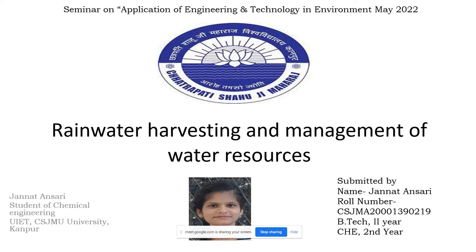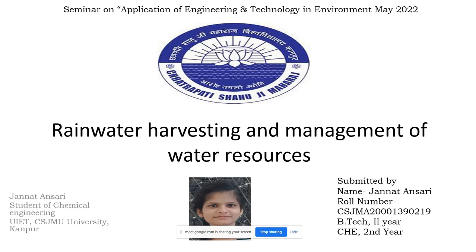Good morning, everyone. My name is Jannat Ansari, and I am a student of chemical engineering. Now I am going to give a presentation on the topic of rainwater harvesting and management of water resources. As we all know, the term rainwater harvesting is taken to mean the immediate collection of rainwater running off surfaces upon which it has fallen directly.